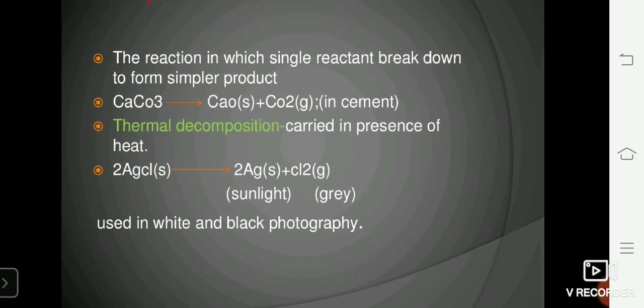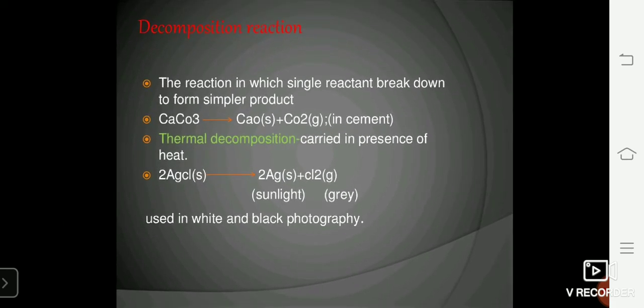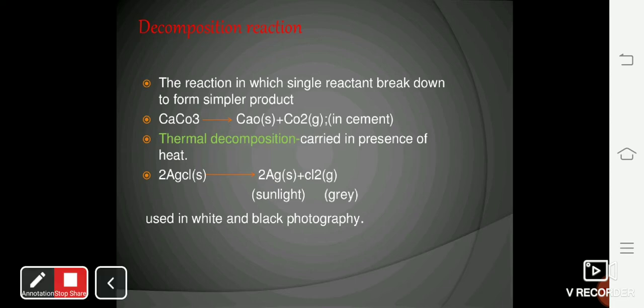Now, decomposition reaction. What is decomposition? Decompose means to break. Now, the reaction in which a single reactant breaks down to form simpler products. The best example is given in a book. Or in simpler words, when a single reactant splits into two or more different products, it is called a decomposition reaction.